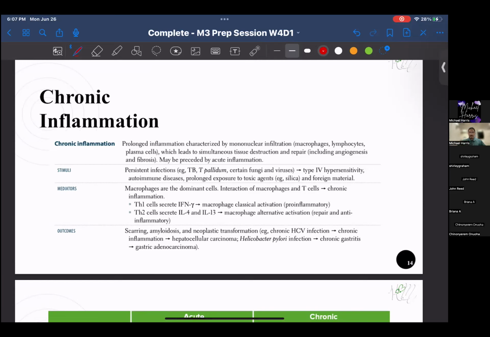What's the guy that interconnects the two between acute and chronic? Who connects the two? Yes, perfect. The dendritic cell.